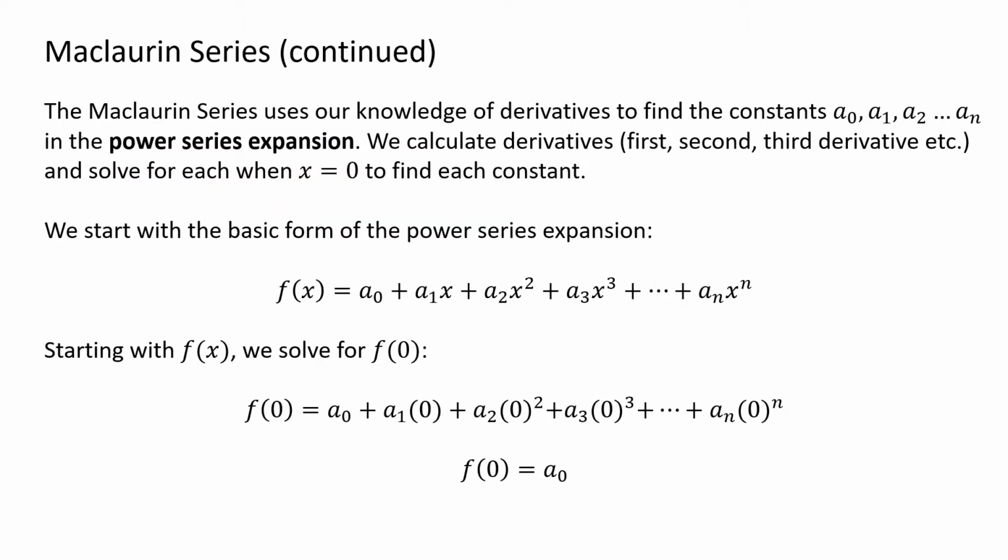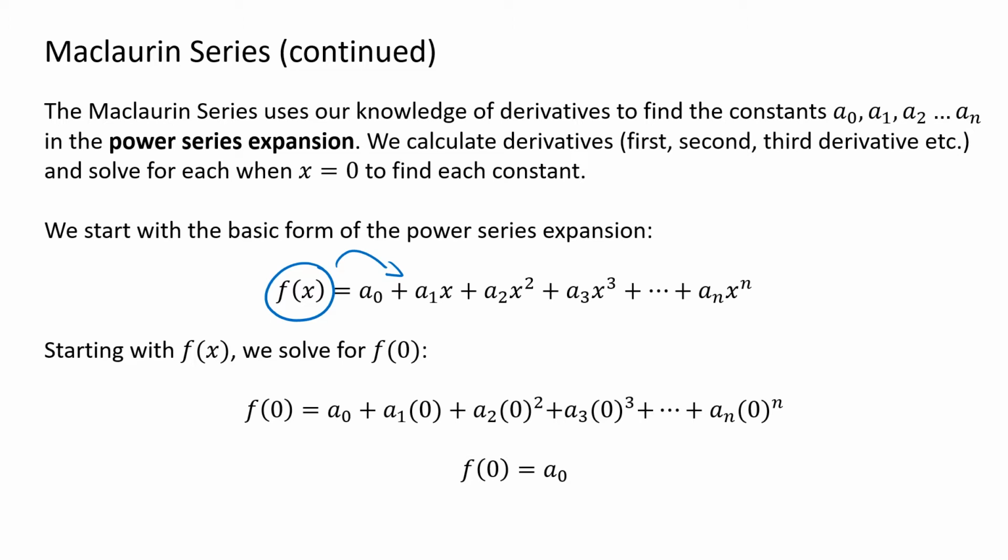This is going to use our knowledge of derivatives. Calculating this will use our knowledge of derivatives quite extensively. And remember, we have a function f of x, and we're trying to make it equal to this expansion that's sitting here.